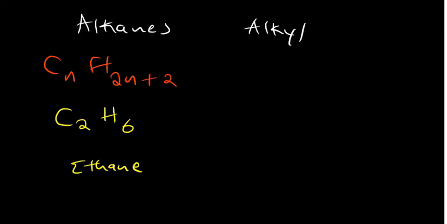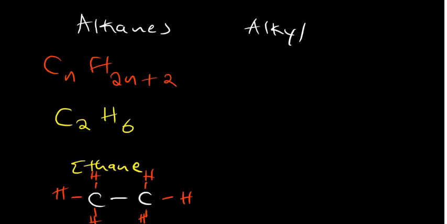Now, if we draw ethane by a simple Lewis structure, it is going to come out this way. We have 2 carbons, and then we've got 6 hydrogens attached to them. Hydrogen, hydrogen, hydrogen, hydrogen, hydrogen, and hydrogen. That is ethane.